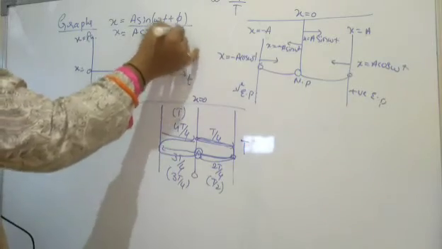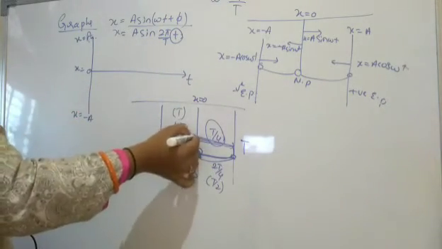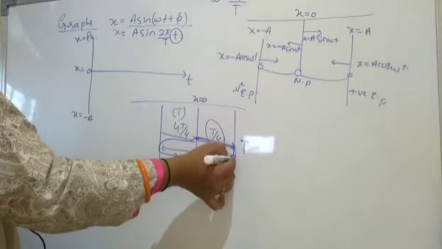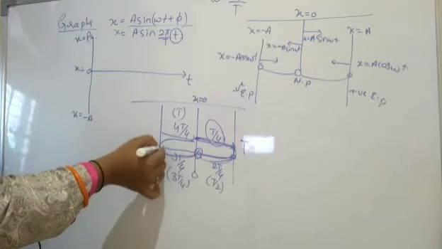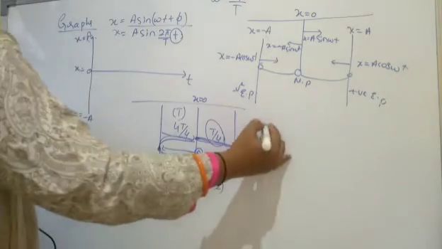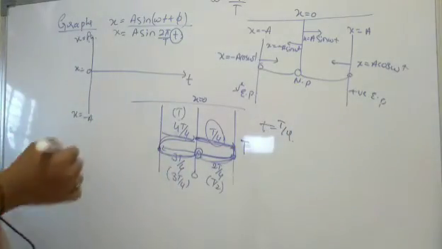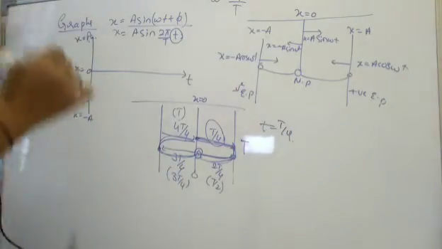In place of t, I am going to substitute the positions from the first position to the mean position, to the next position. So if I take t equal to T by 4, substitute here and check where we get the position of the particle.